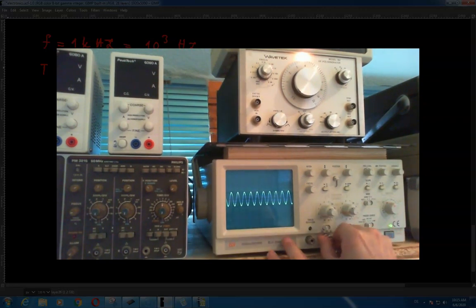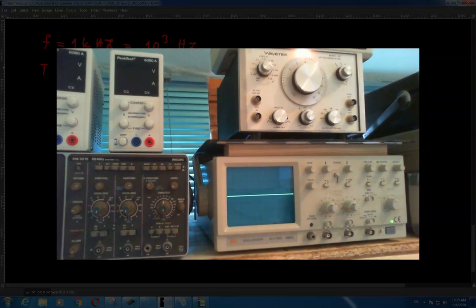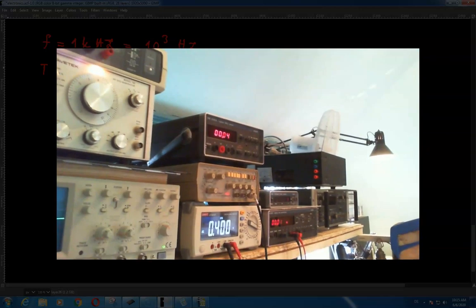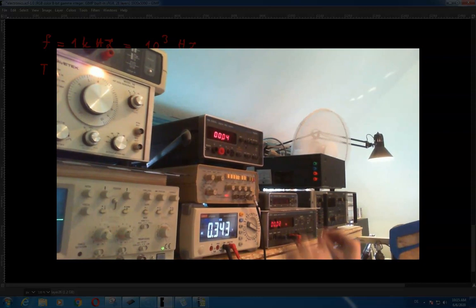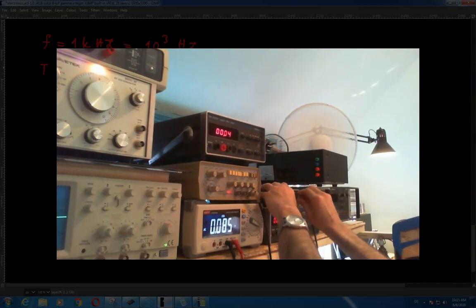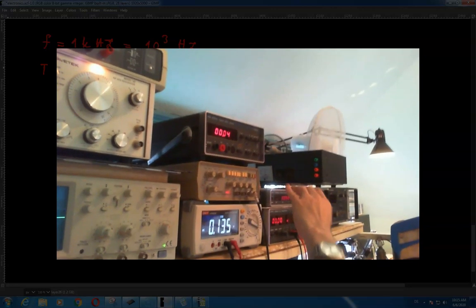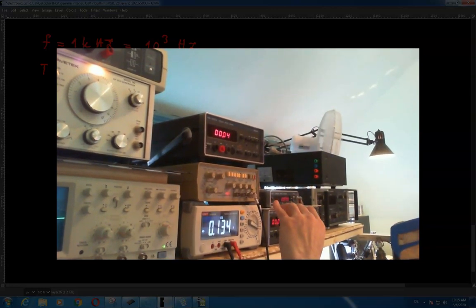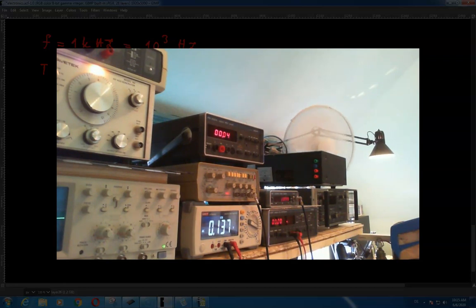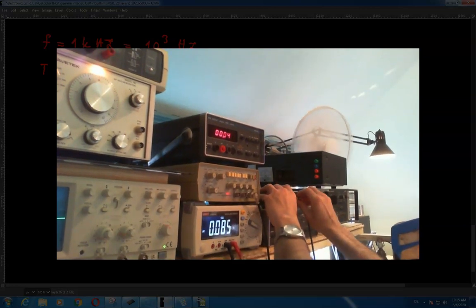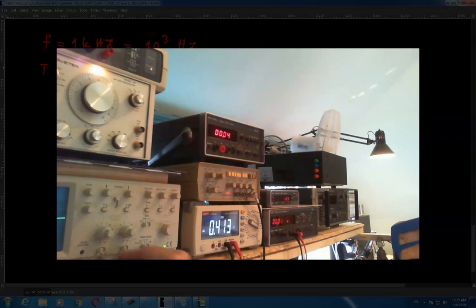And if I connect this back here, you can see that I don't know why it is 2 kilohertz, but it is not 1 kilohertz but 2 kilohertz.